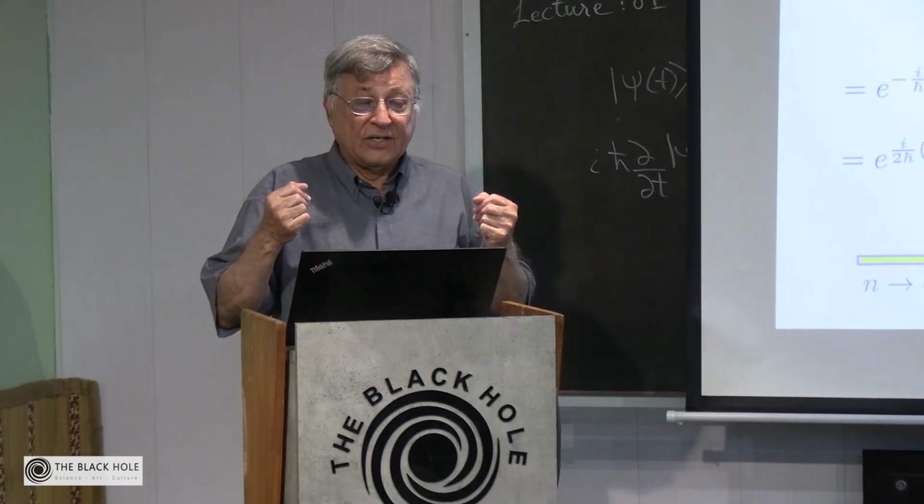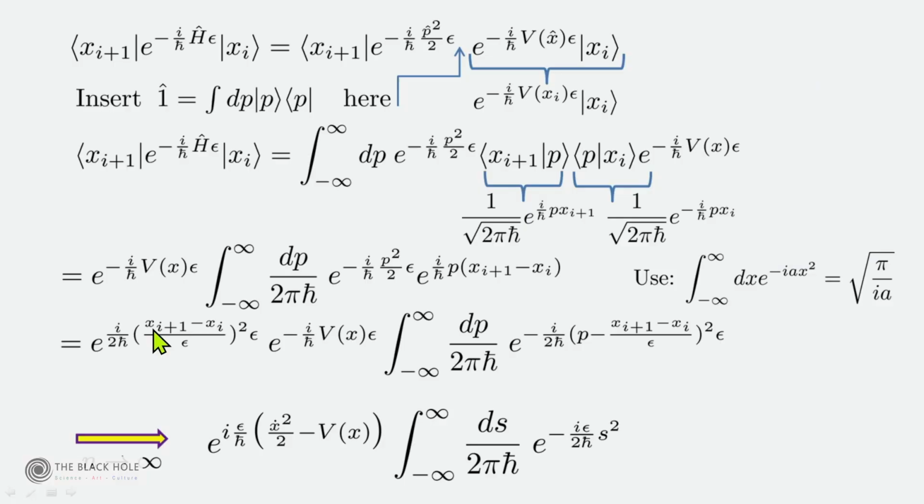Once you do that, then as we learned in high school or maybe in kindergarten, this becomes the speed: how much distance you cover in a small time interval epsilon. And so in the limit where you make a lot of these divisions, n goes to infinity, you get e to the i epsilon over h bar, x dot squared over 2 minus V of x.